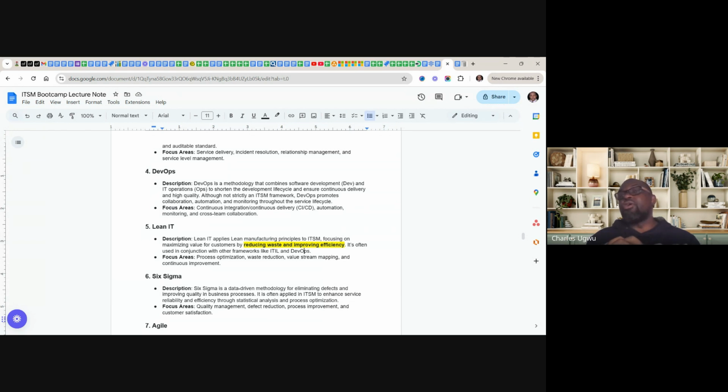Lean focuses on waste reduction, and Six Sigma focuses on continuous improvement. So you are reducing waste and continuously improving the system. It's often used in conjunction with other frameworks like ITIL and DevOps.